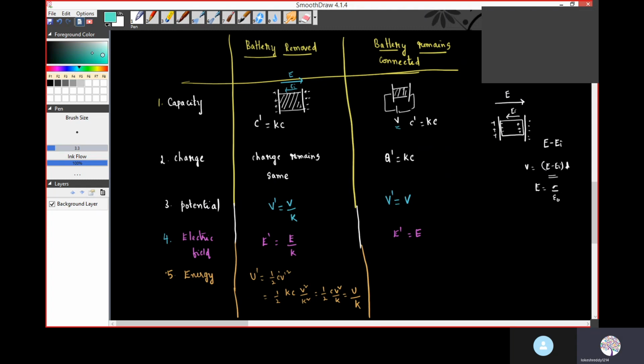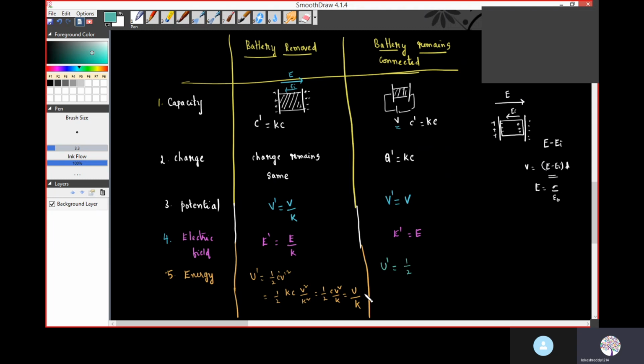Now here energy U dash, I will use the same formula, half C dash V dash square.